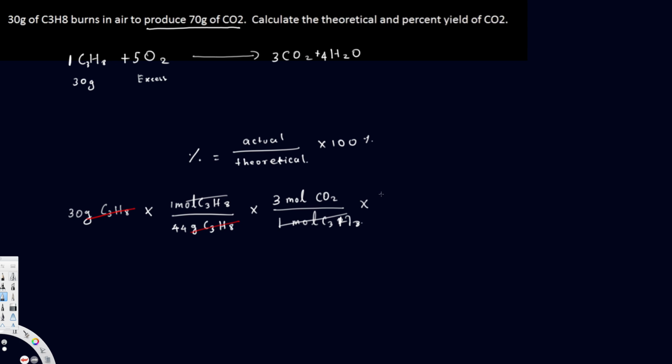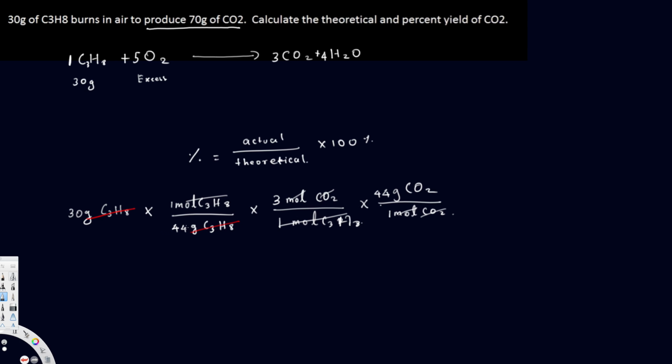So first put the molar mass of CO2, that is 44 gram CO2, and in the bottom we are going to have 1 mole CO2. So the moles cancel, and we will finally end up with grams of CO2. So let's calculate the values.